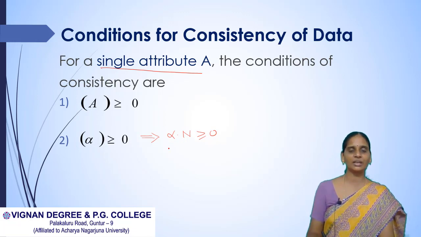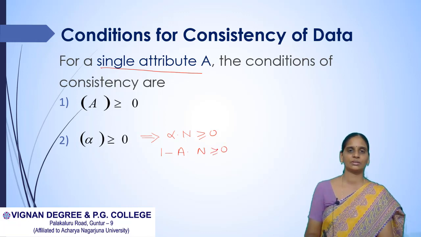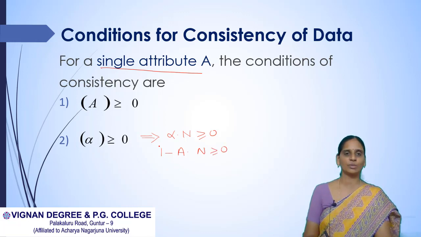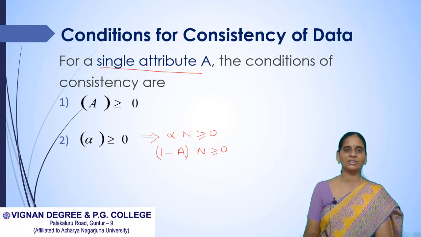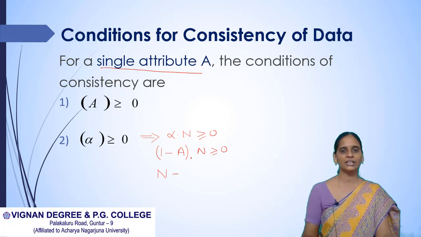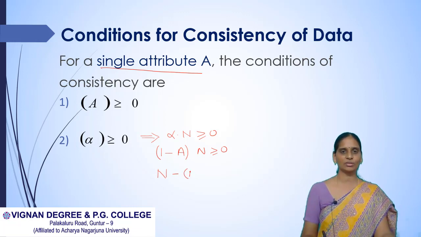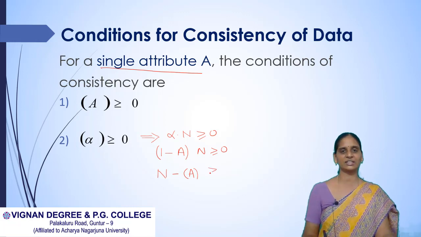Again, alpha can be written in the operator 1 minus a, so 1 minus a into N. In the next step, we multiply 1 minus a with N. Then we get capital N minus a into N, meaning frequency of a, which is greater than or equal to 0.